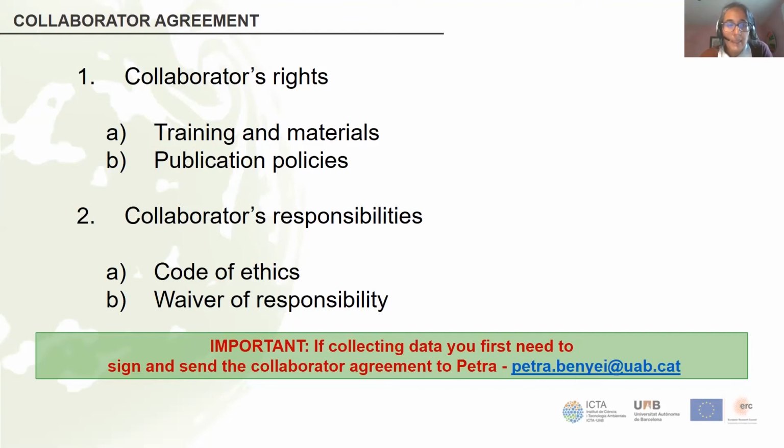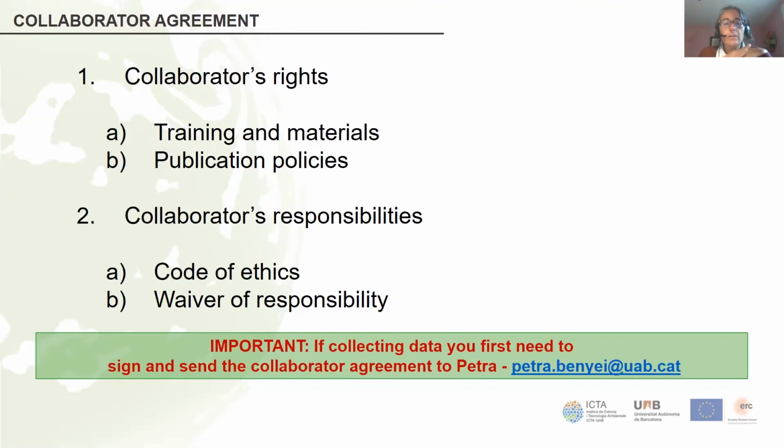So basically, the idea is that you keep your data and that we invite you to any publication that we will do using your data. And maybe if there are questions or issues, we can talk more about that with your questions.